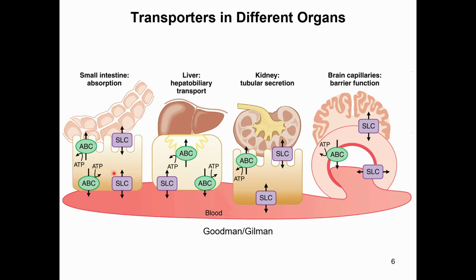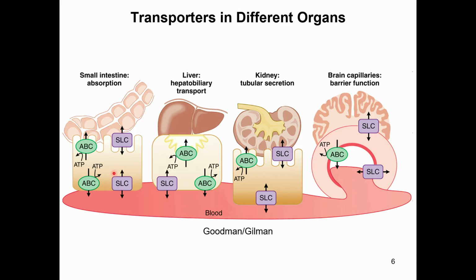There's also a lot of transport in the liver, but this is actually called hepatobiliary transport. If you think about it, a hepatocyte is one of the most important cell types in the liver. Hepatocytes make contact with the blood, but on the other side they also make contact with biliary cells. One side of a hepatocyte contacts blood, the other side contacts the bile system.